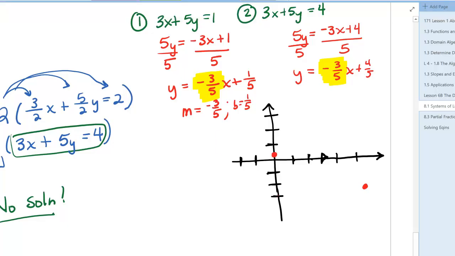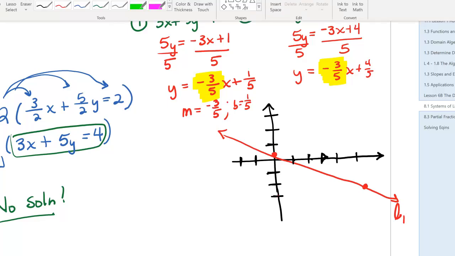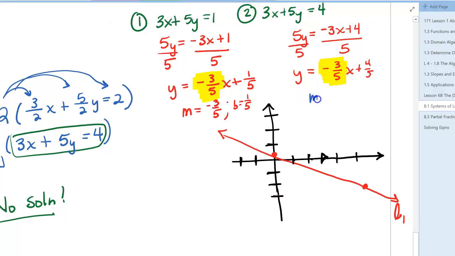Notice that that line is falling if you read it from left to right, which makes sense, hopefully, because the slope is negative. Now to graph the second line, the slope again is negative 3/5, but this time the y-intercept is not 1/5, it's 4/5.